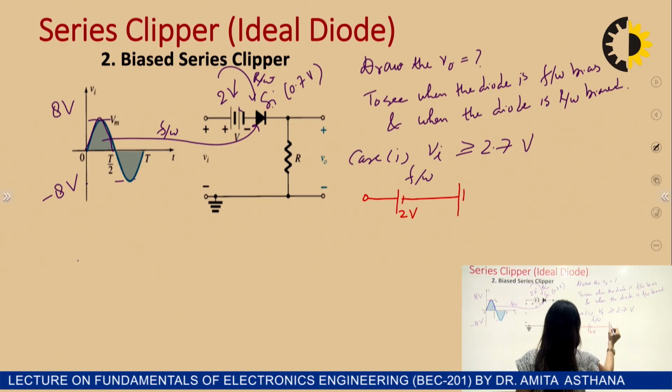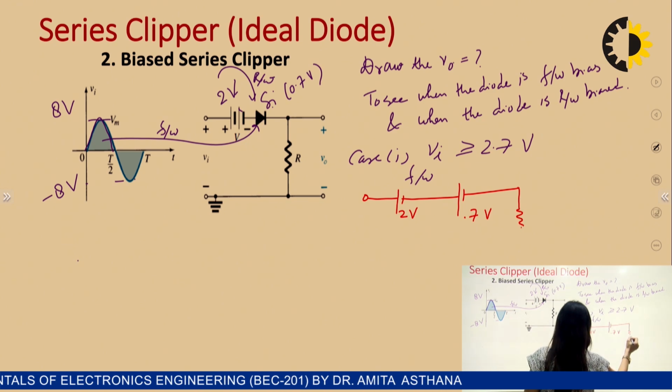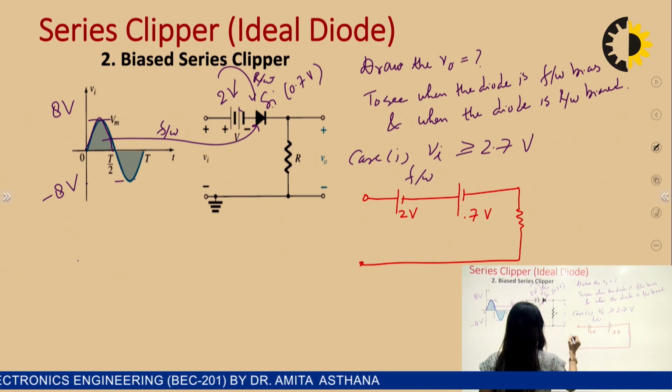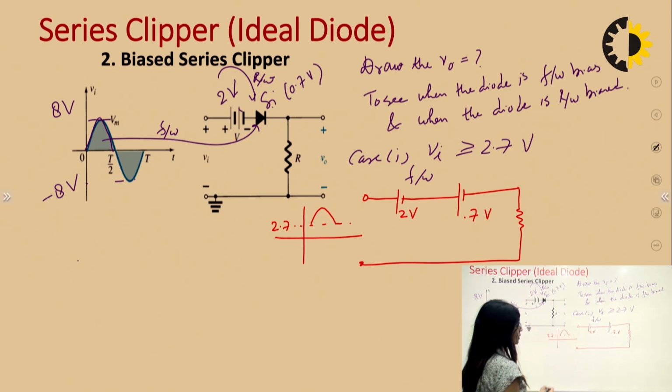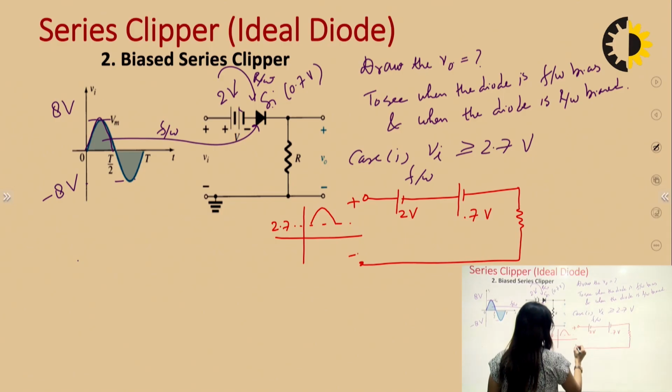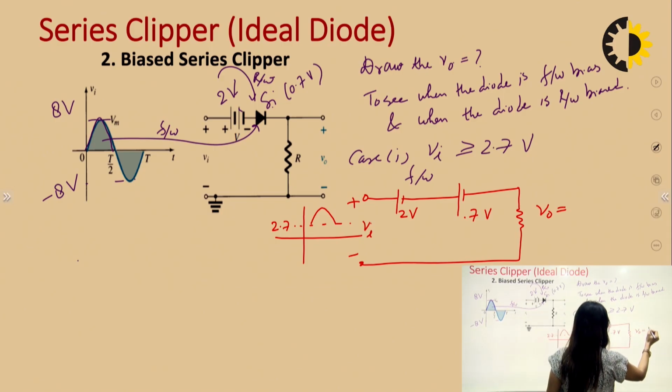And when the silicon diode is forward bias, it behaves like a battery. Here I am talking of this particular part of the waveform. Consider it as plus and minus. Now, what would be the output voltage?